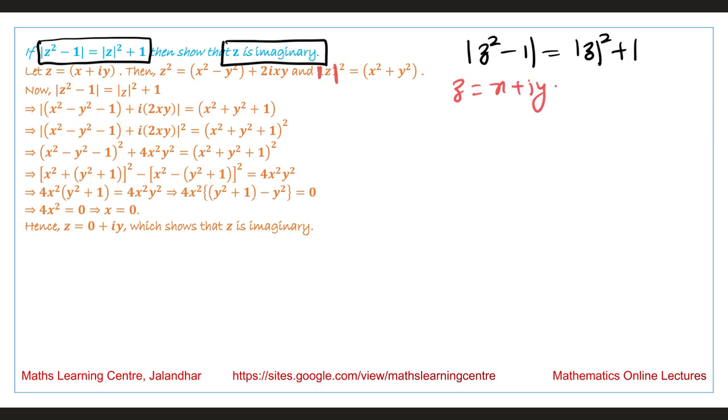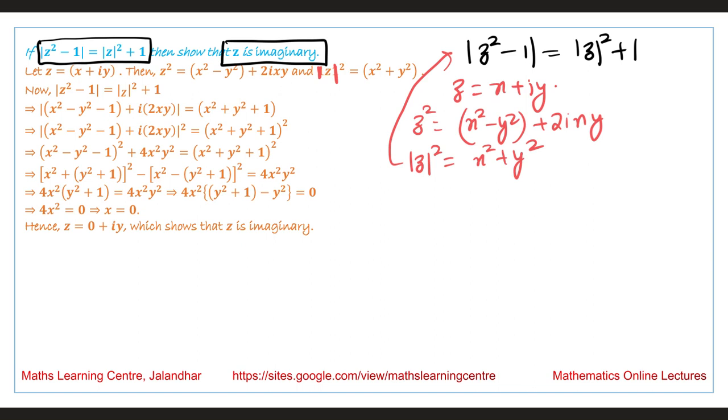So we obtain z square is equal to x square minus y square plus 2 iota xy. Mod of z square is equal to x square plus y square. We substitute these values in this equation.